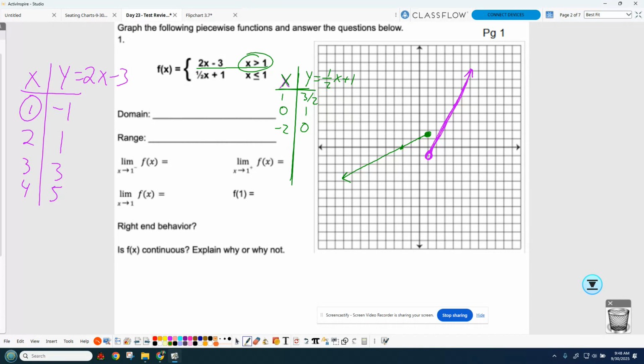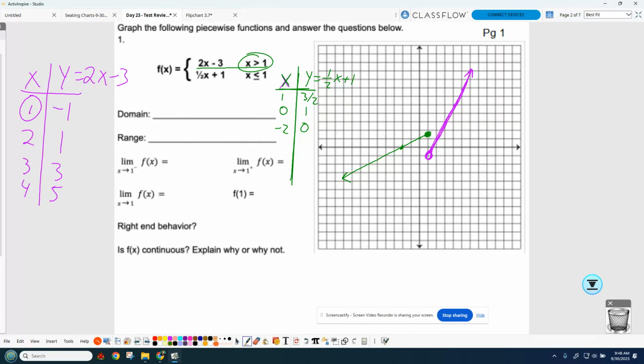Because half of negative 2 is a nice number. Do you agree with my graph or no? Your point at x equals 1 is supposed to be at 1.5, not just at 1. Oh, okay, it's a small grid, yeah.